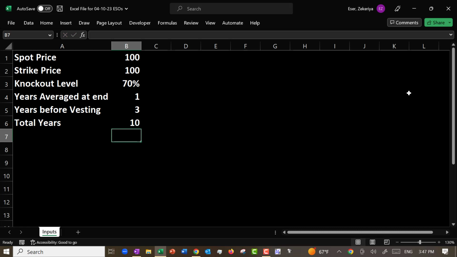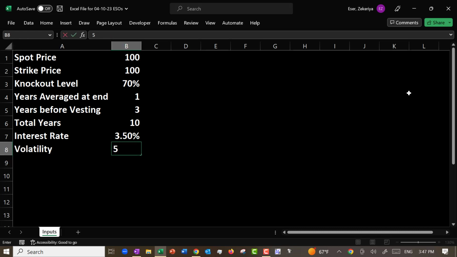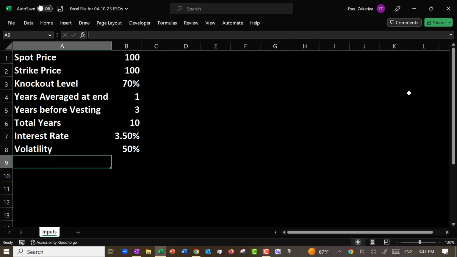So let's see. Just putting in arbitrary numbers. Interest rate. So these are our inputs.